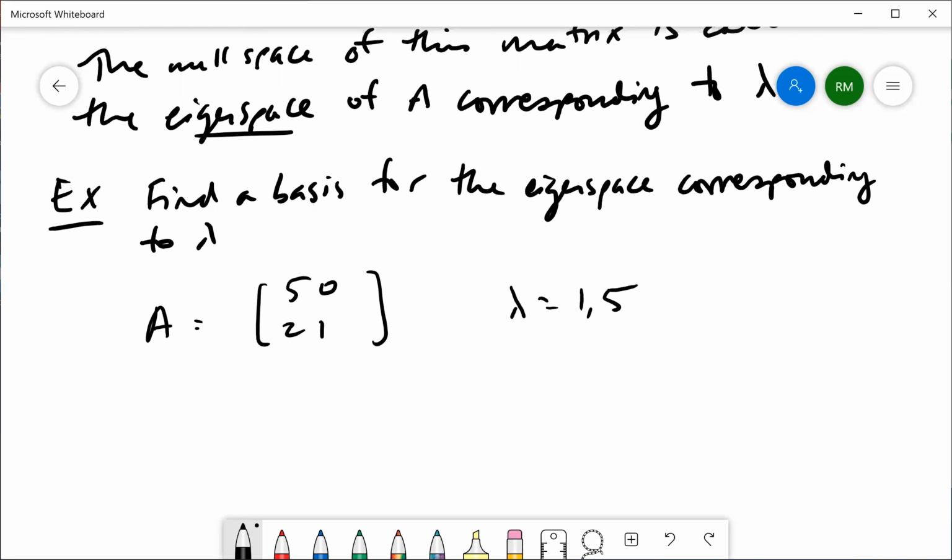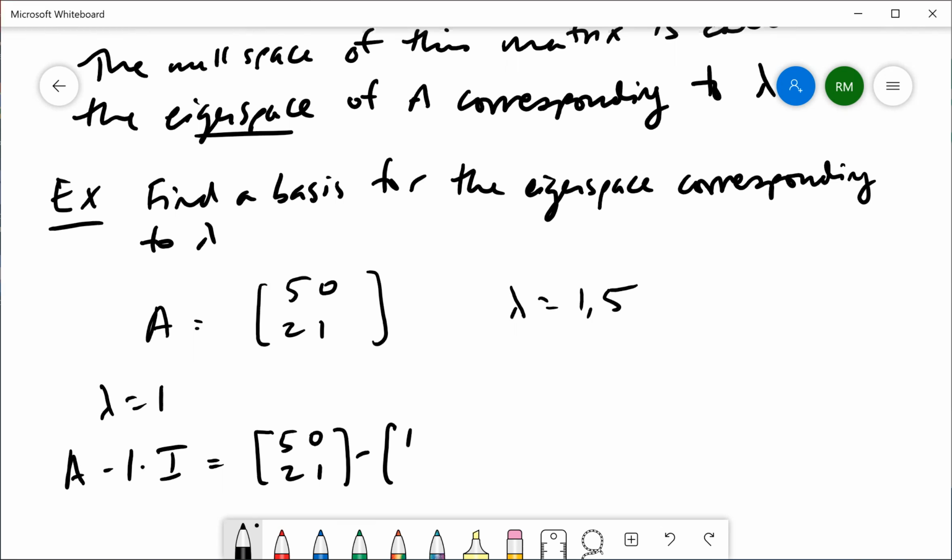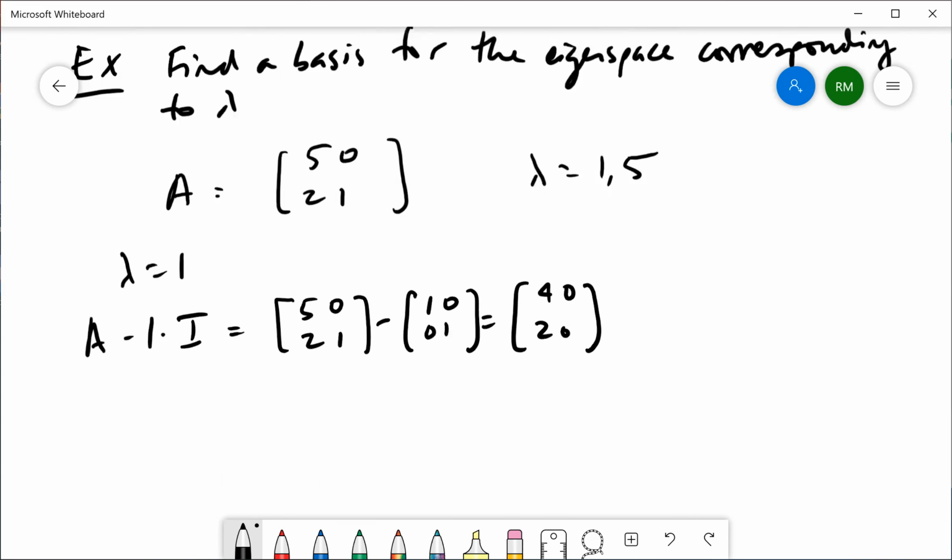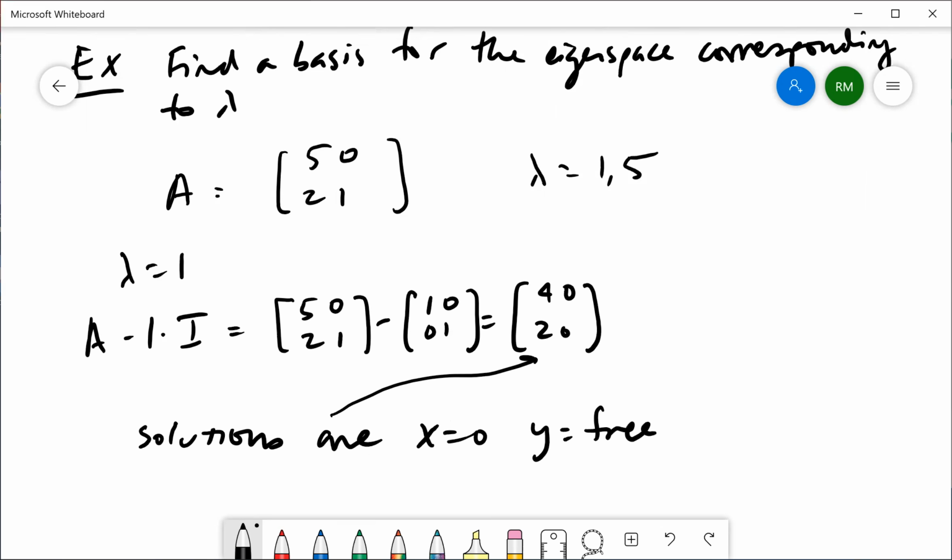So let's do lambda equals 1 first. So that's the matrix A minus 1 times the identity. That's 5, 0, 2, 1 minus 1, 0, 0, 1, which is 4, 0, 2, 0. And so what that's telling me is the solutions are x equals 0 and y is free.